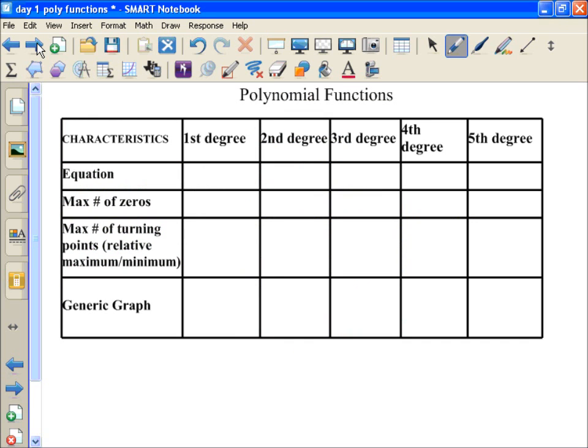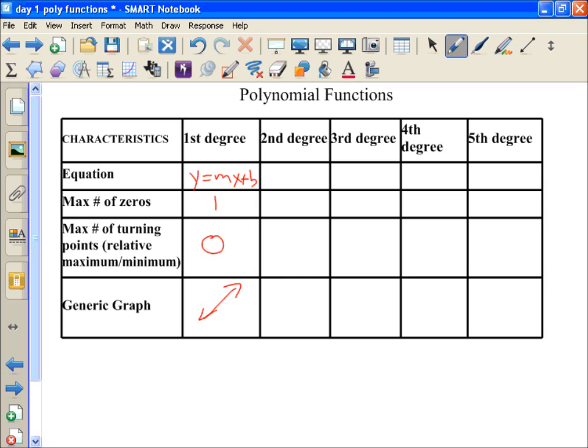Now, hopefully, we did our exploration and we're going to see some patterns emerge. If we have a standard first degree equation, which we generally write as y equals mx plus b, it's going to have at most 1 zero, and it's not going to have any turning points. And the graph is going to be a straight line.